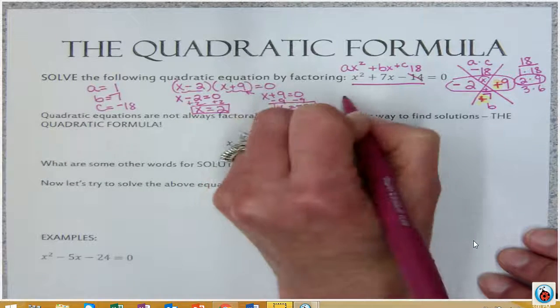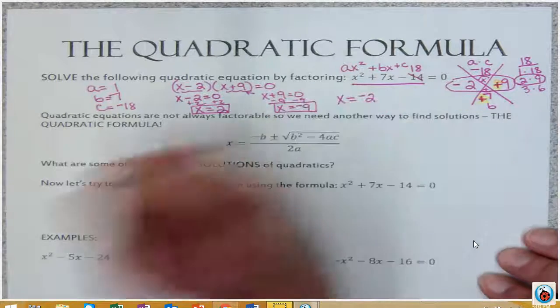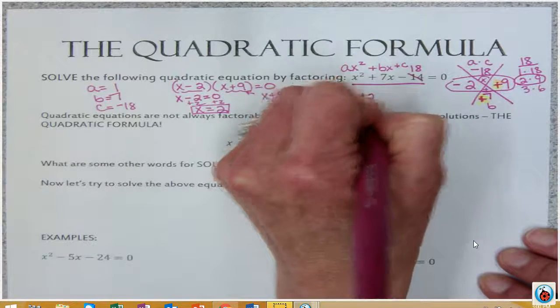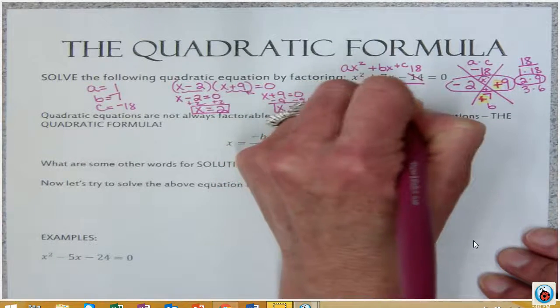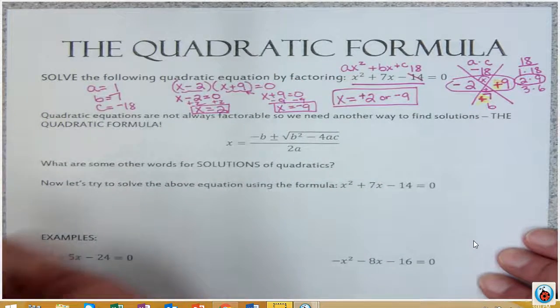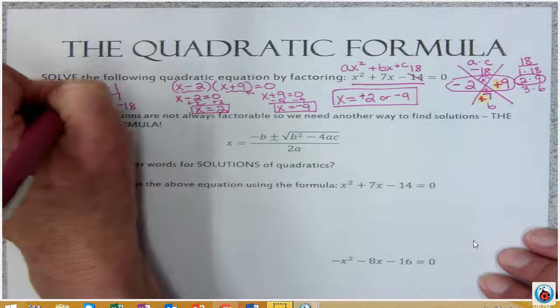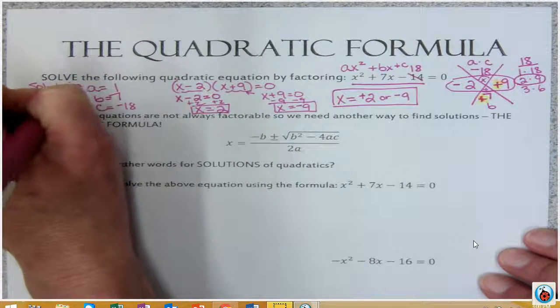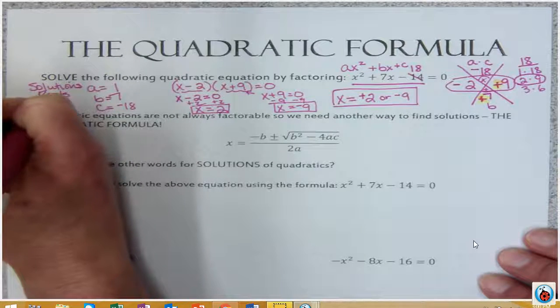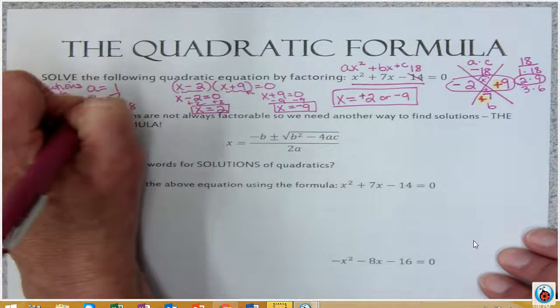Okay, so our answer is going to be that x equals either positive 2 or negative 9. These are your answers. These are your solutions, your roots, your x-intercepts, all of these things.